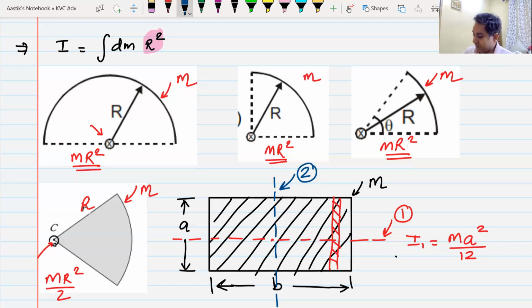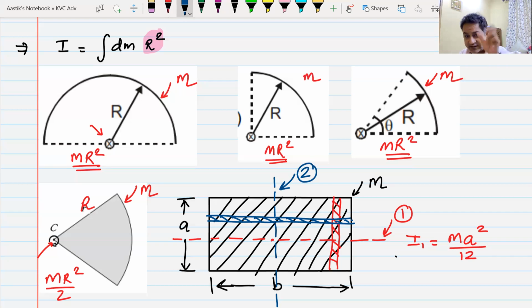Chalo. God exists. If we pay attention, God does exist. So you can now break this plate into rods like this. Whatever is the moment of inertia of the rod, the same will be the moment of inertia of the entire plate.